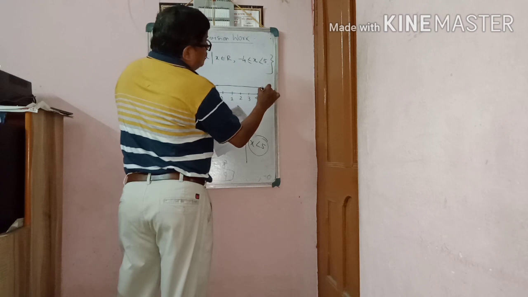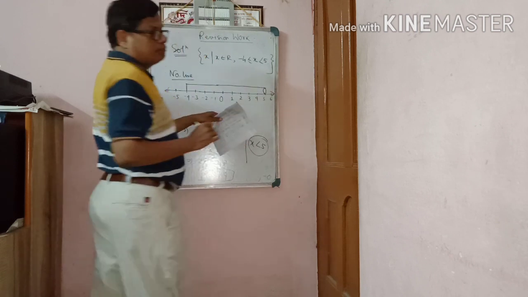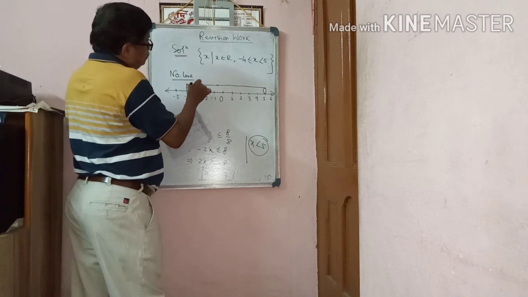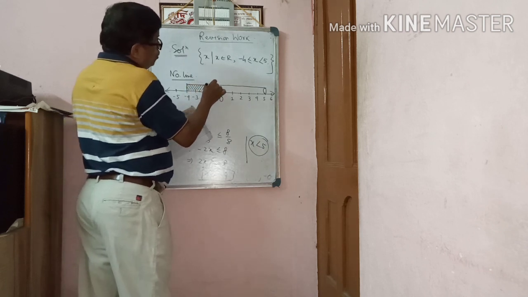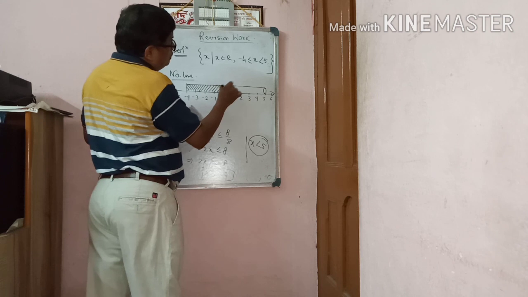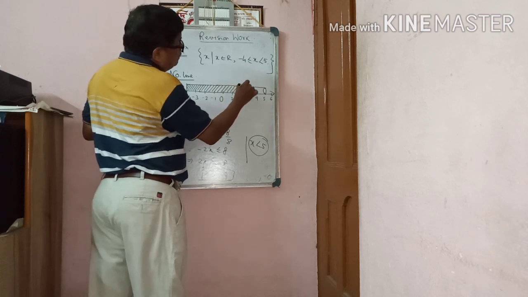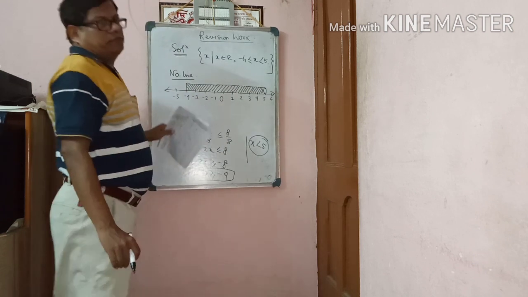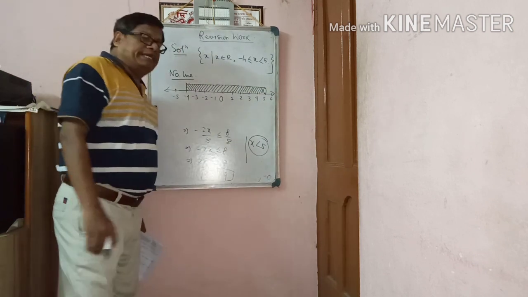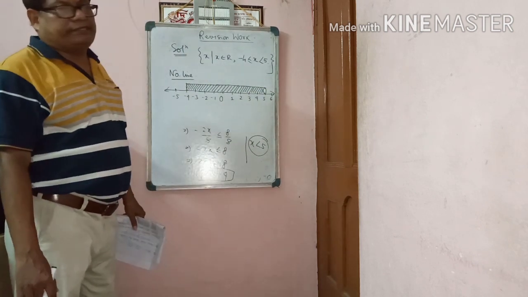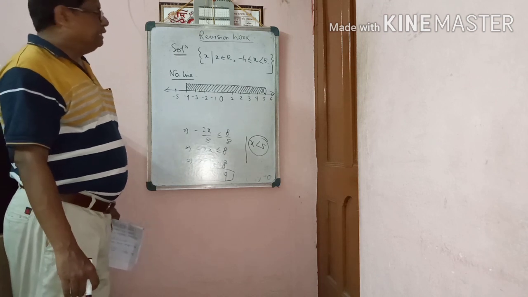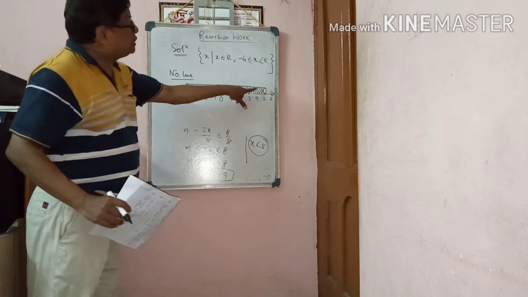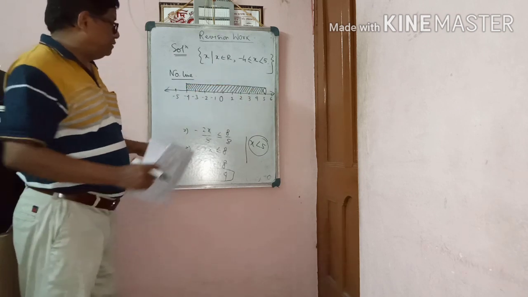Now the shaded part is for real numbers only, keep in mind. If you get time, you can write: the solution set is shown by the thick portion on the number line.